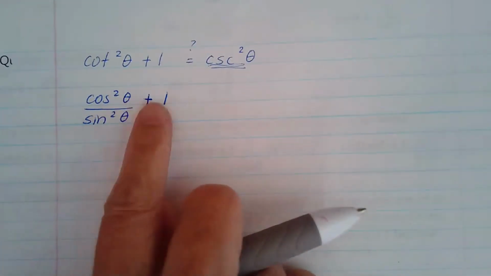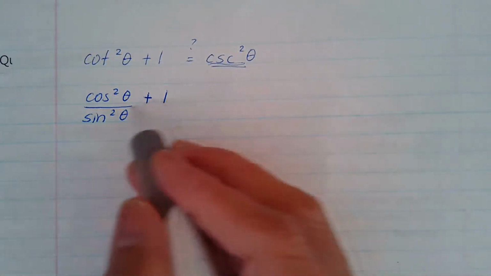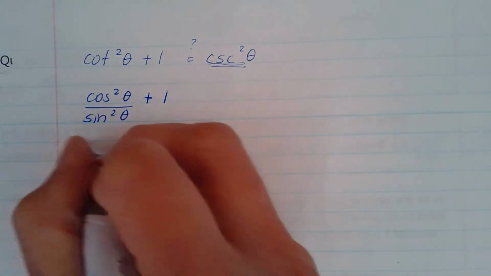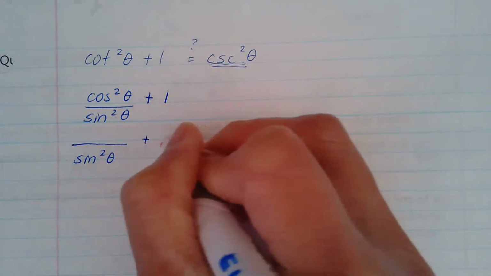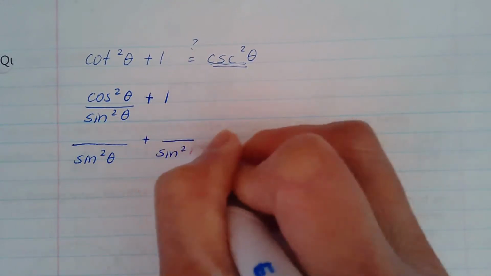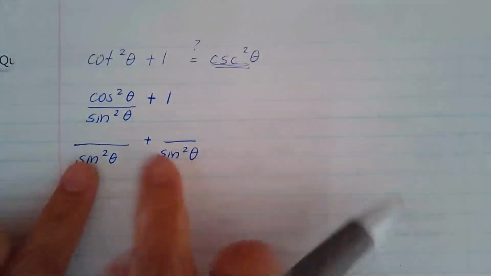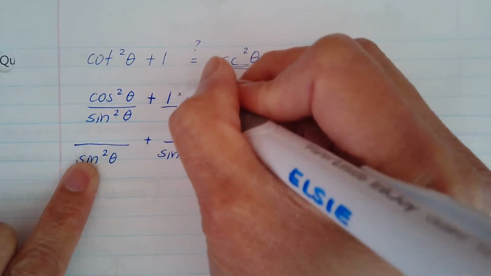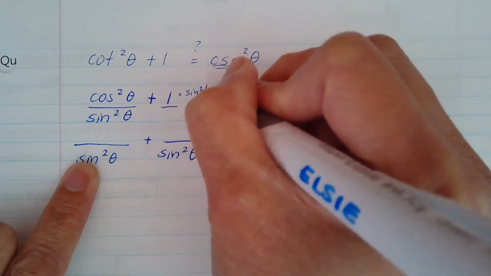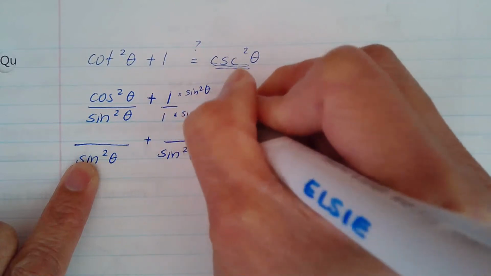How can I add these two together? We need to have the same denominator. The lowest common denominator would be sine squared theta. So I'm going to multiply the 1 by sine squared theta over sine squared theta.